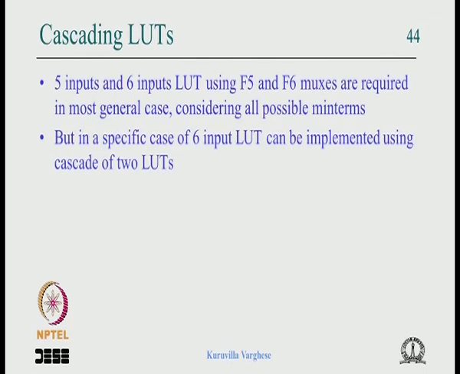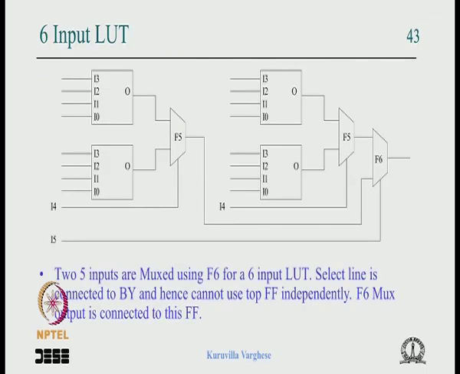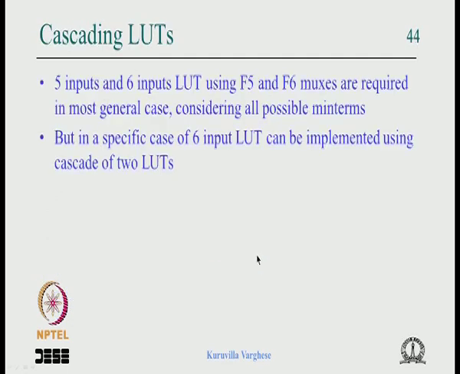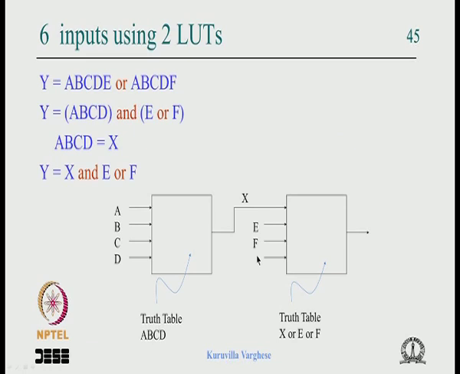We have also seen that it is not necessary that for a 6 input function you always need to use all 4 lookup tables. Depending on what function you are implementing, you could cascade lookup tables and implement that. We have seen an example of 6 inputs, ABCDE and ABCDF.